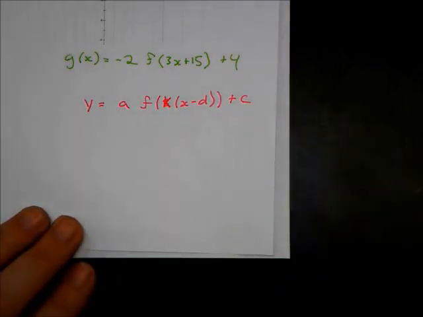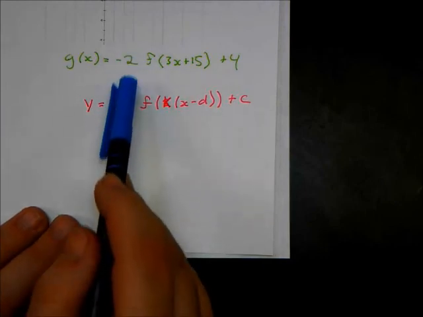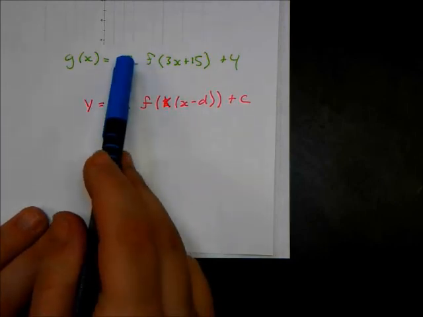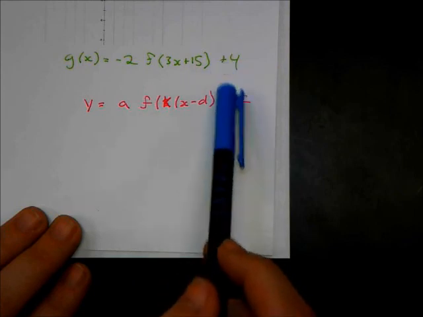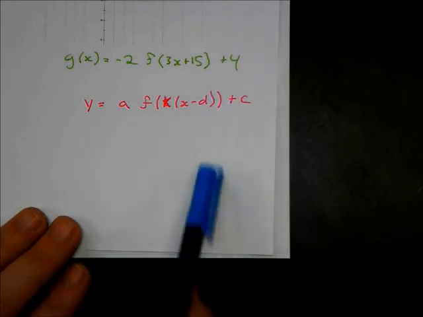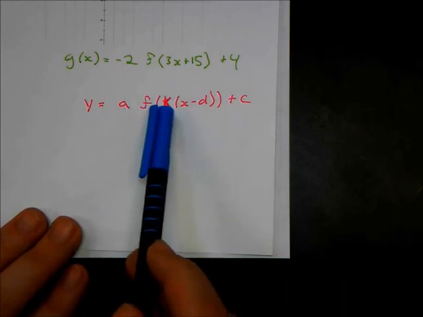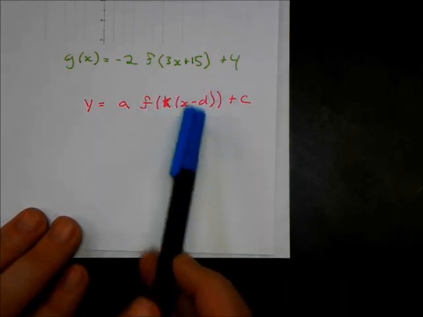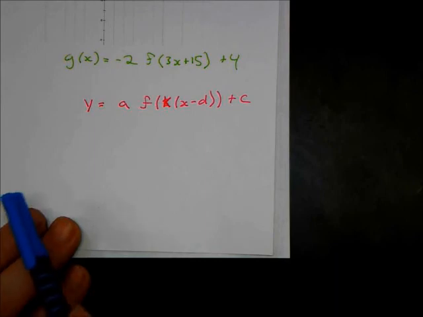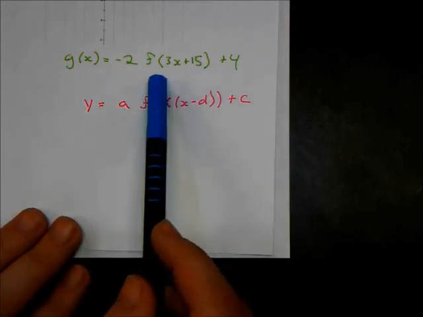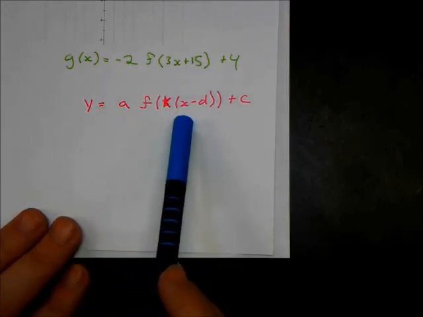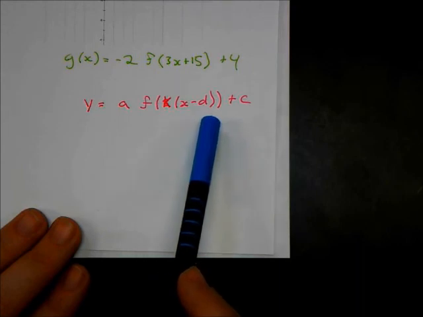So in this, fairly clearly, I can see what my a is. A is -2. I can see what my c is. C is +4. But if I look in here, somebody's played a trick on me. My bracket here does not look like my bracket here. You have to watch out. You can have two terms in this bracket, that's okay.